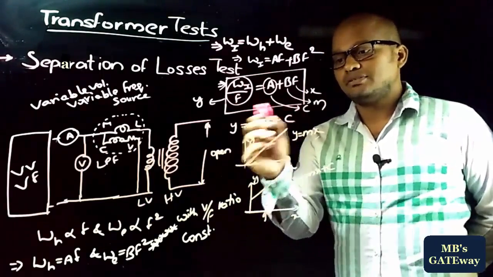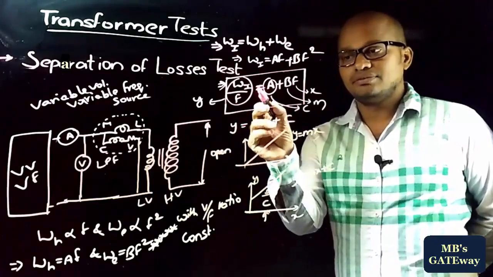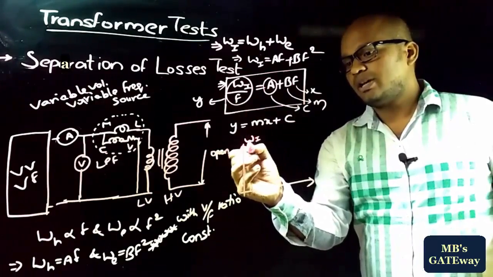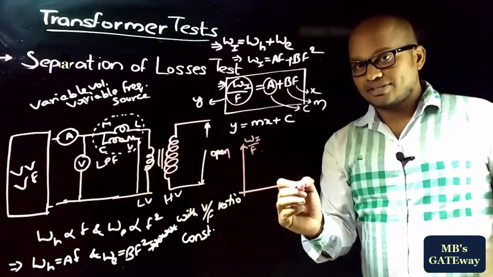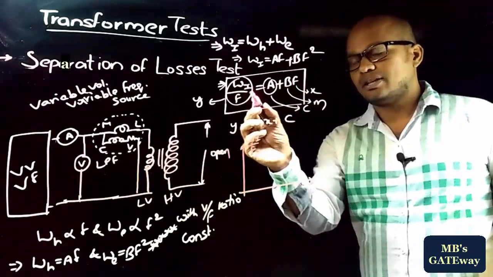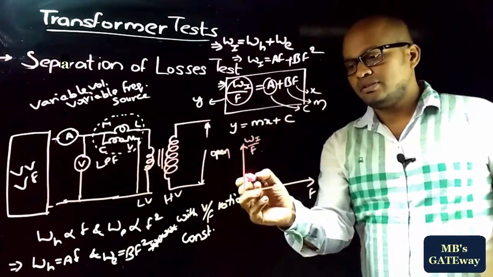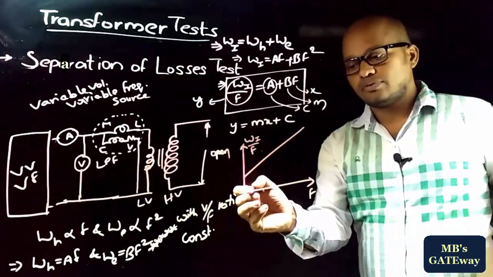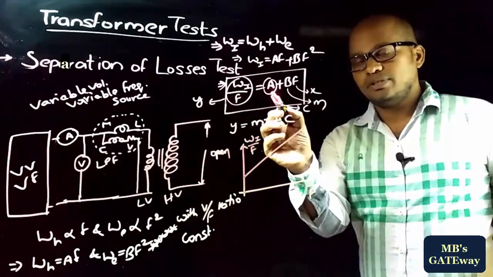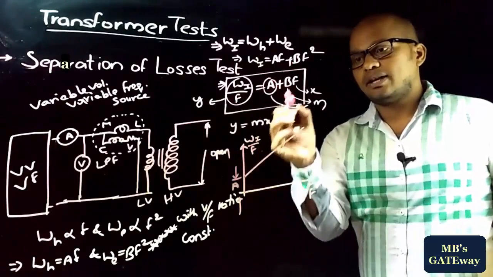Now let's relate this straight line equation with our equation. The y-axis is Wi by F and the x-axis coordinate is F, and as this is y equals mx plus c, the graph will be like this, and from the origin to this point it represents constant c, which here is A.